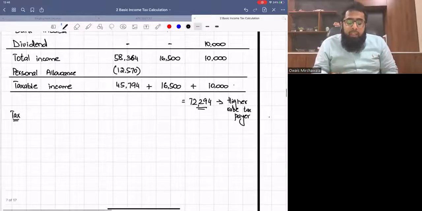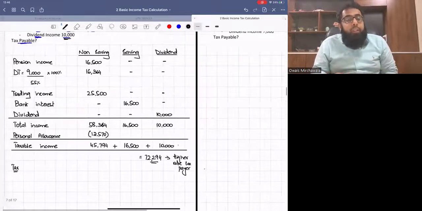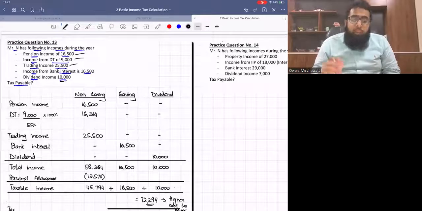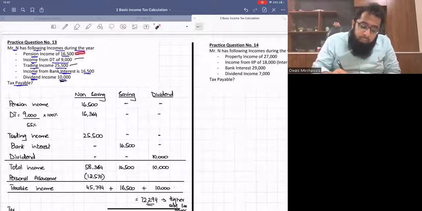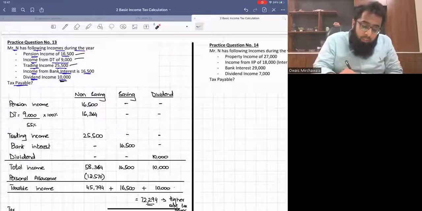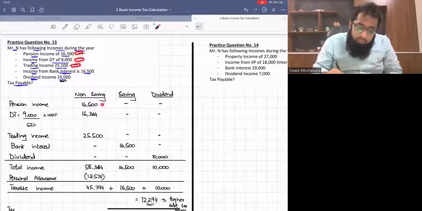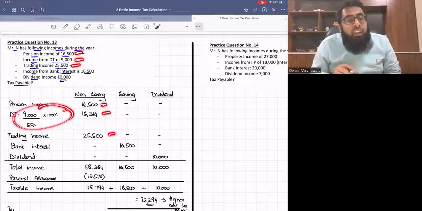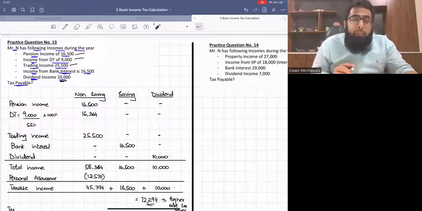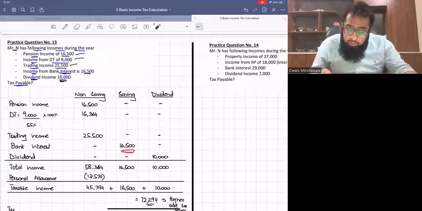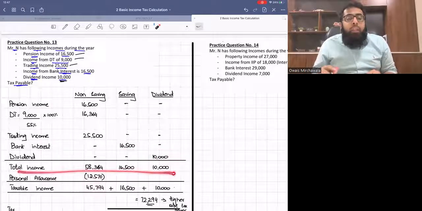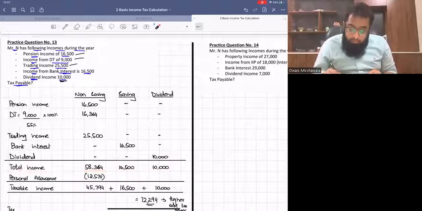I will repeat it again. I want you all to concentrate on it. First of all, we determine which income belongs to which head. Non-saving, non-saving, non-saving. On DD, there was 45% withheld, so we grossed it up through 55%. Bank interest goes in the saving head, dividend goes in the dividend head. We added all the incomes to arrive at total income.